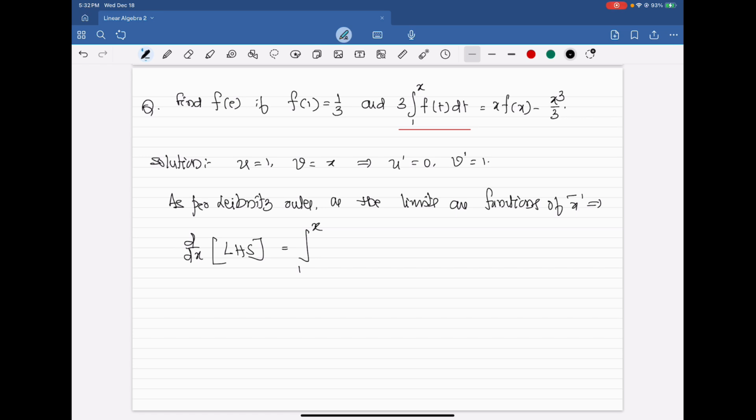The general formula. d by dx of left hand side is equal to integral 1 to x dou by dou x, instead of dou by dou p, because limits are in terms of x, into function f(t) dt, plus v dash x, instead of v dash p, because the limits are functions of x, into function of v(x), minus u dash x into function of u(x).